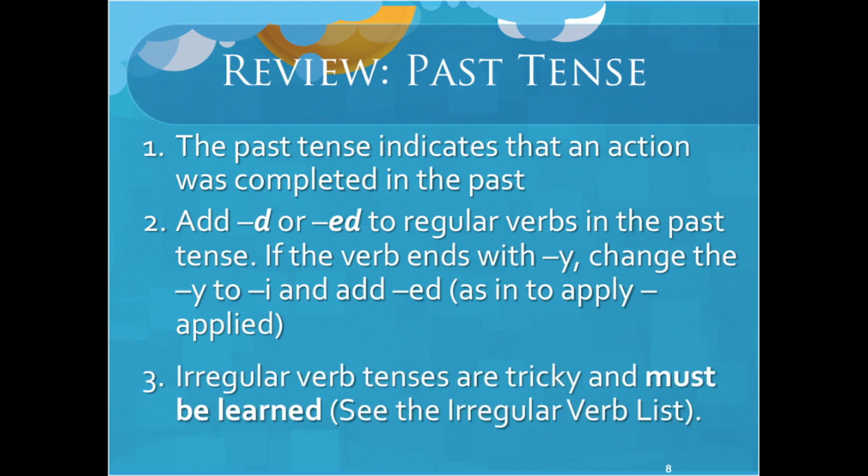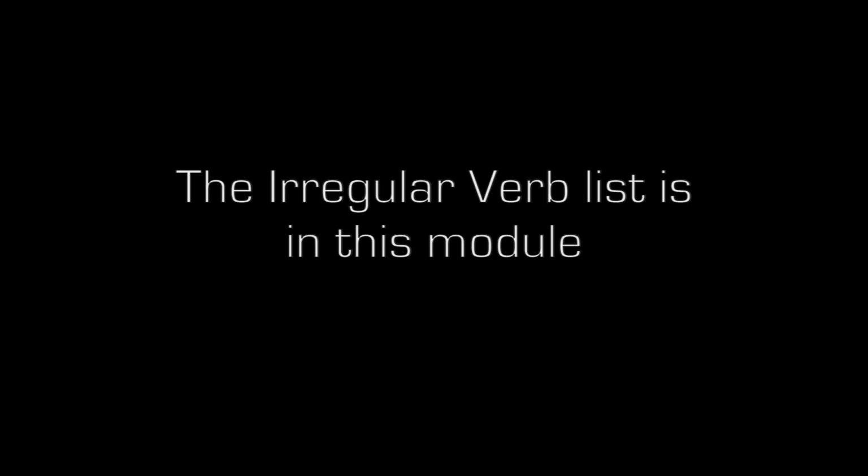All right. Good. Remember, irregular verb tenses are tricky and they must be learned. And where is the irregular verb list, Gail? Well, it's in this module, but I think that it's also at the Writing Center. And if you can't find it, ask your tutor to help you locate it.